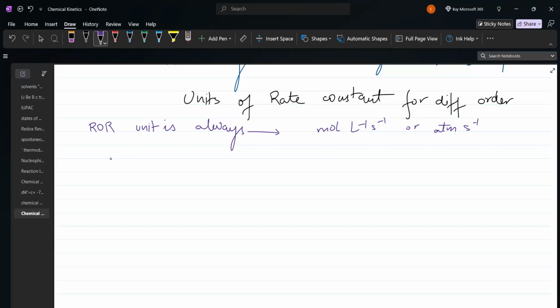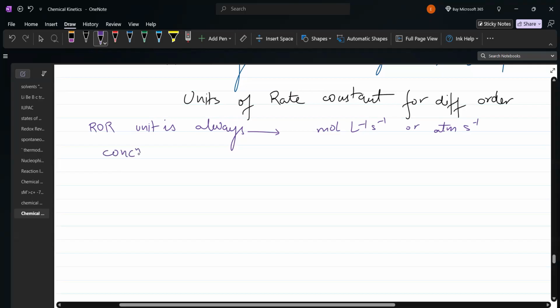We are going to relate it with that. And concentration is always what? Mole per liter, or atm for the gaseous case.